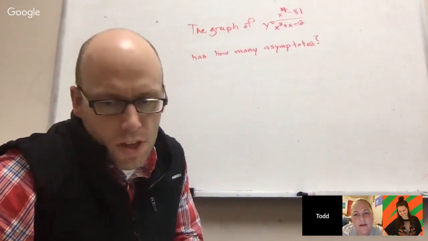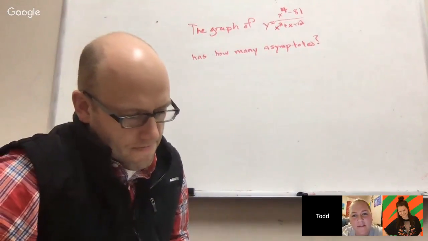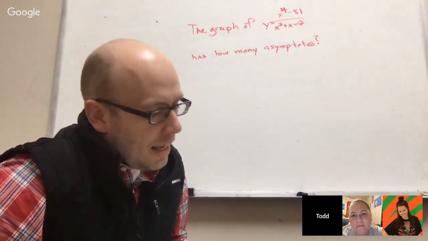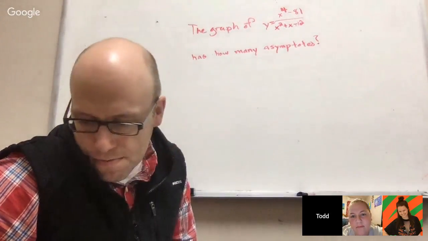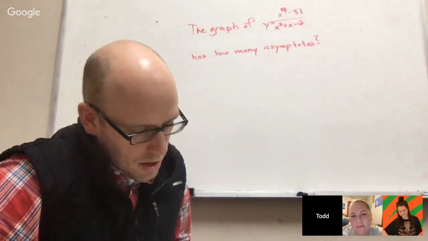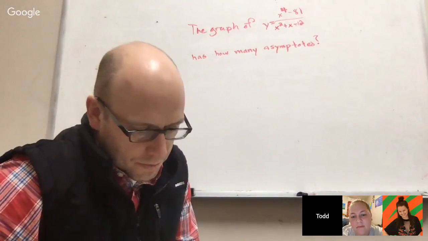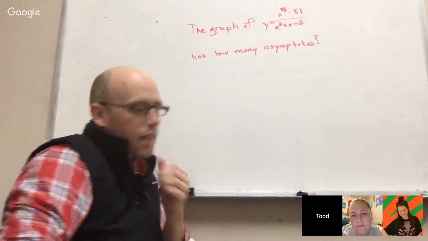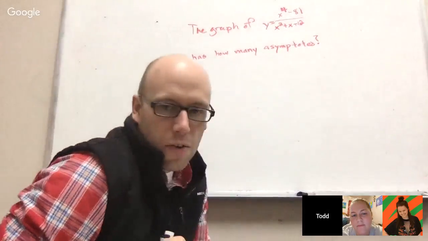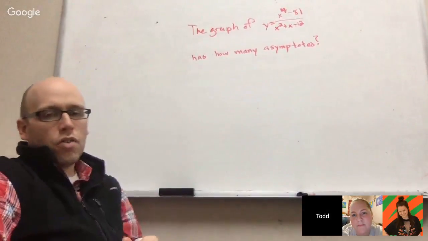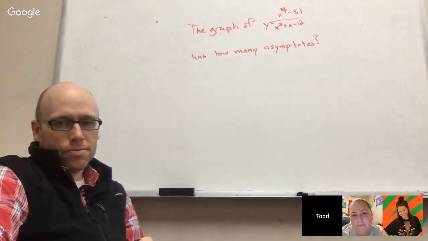Okay. Doesn't this one involve the exponents of the top and the bottom? Yes, it does involve the exponents of the top and bottom for horizontal asymptotes.